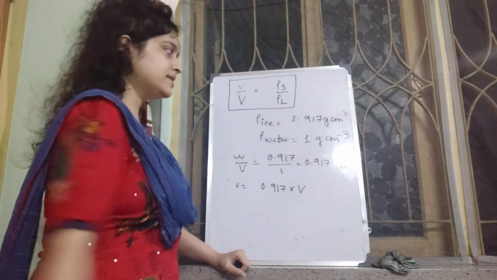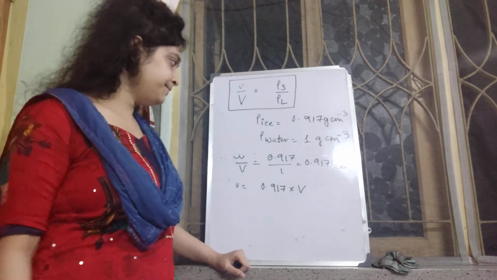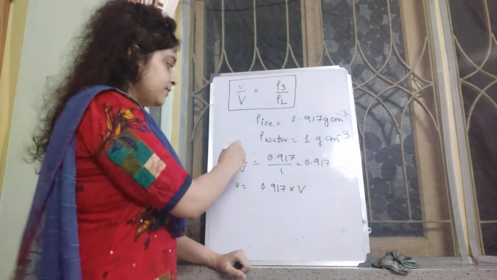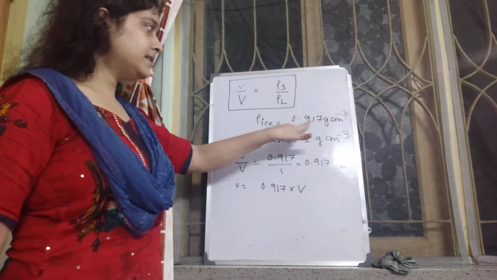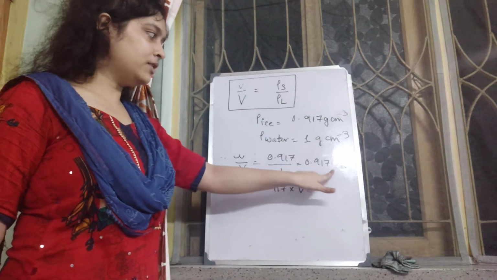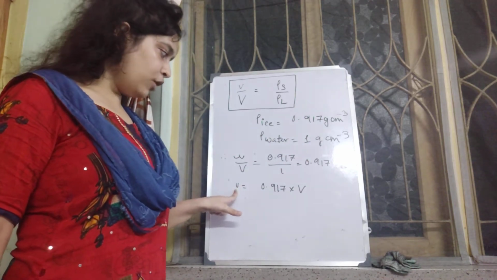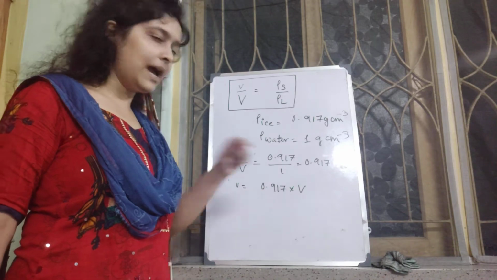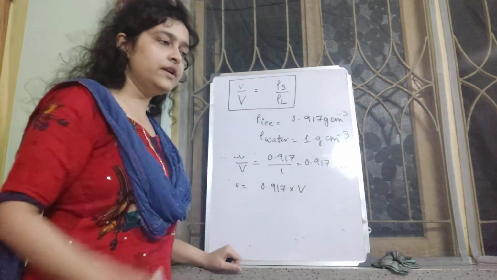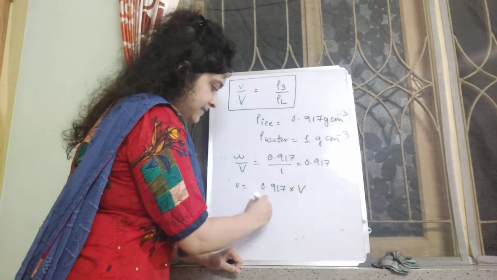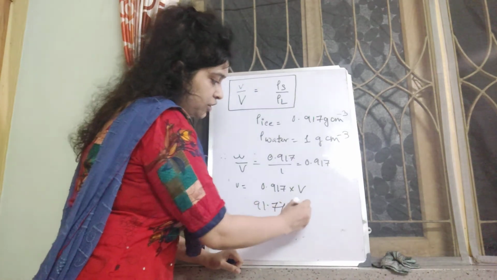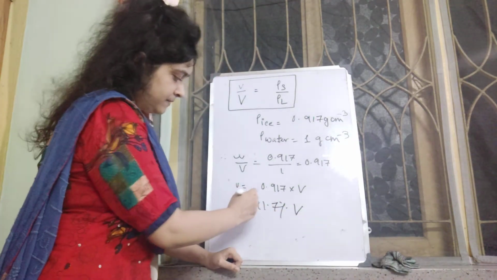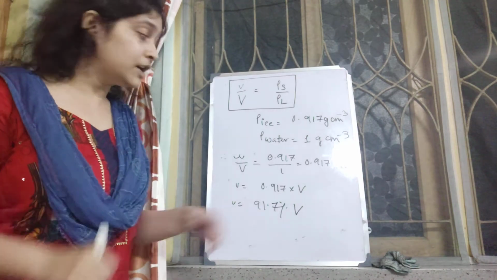So its value is say this and water is this. Then small v by capital V will be this by this, 0.917. So small v equal to 0.917 into capital V. So if I convert it into percentage, that means 91.7% of the total volume.